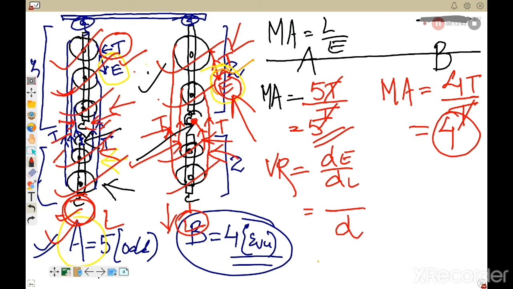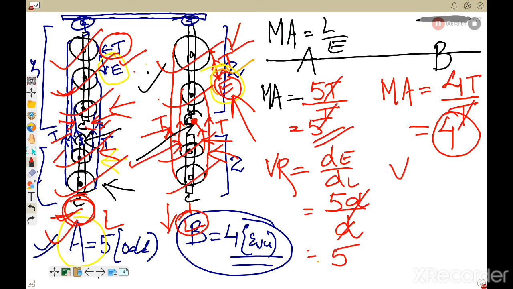So here in case A, the number of segments attached to the load is how much? How many? 5 segments. Yes, so the distance moved by the effort will also be how much? 5D. So D gets cancelled, so we get velocity ratio as 5.